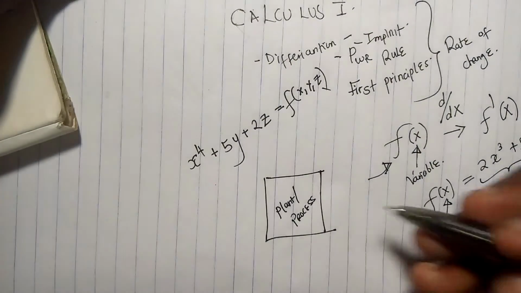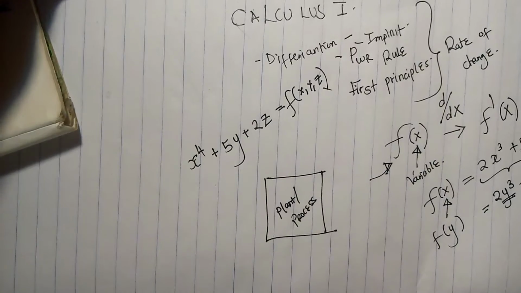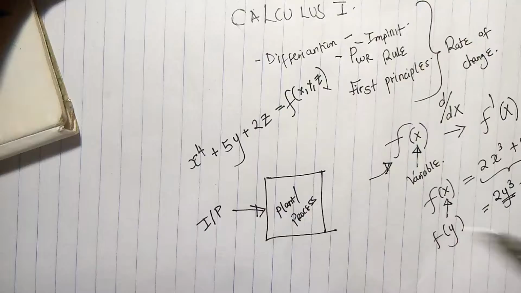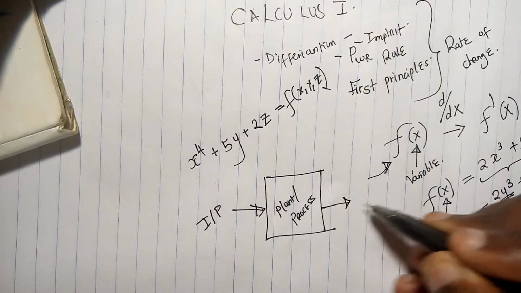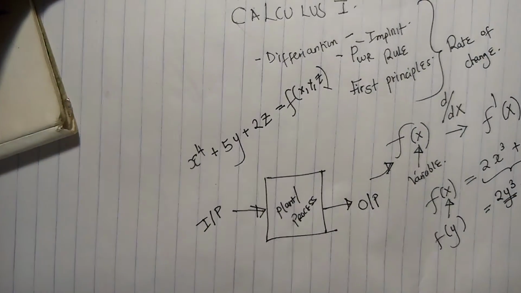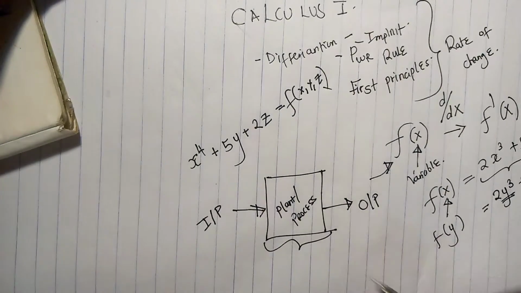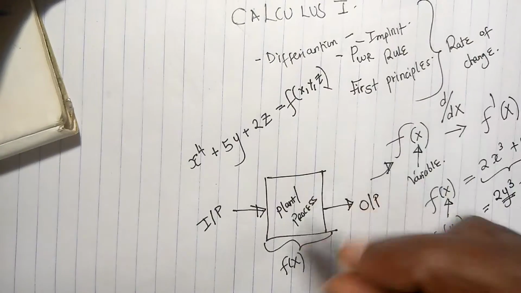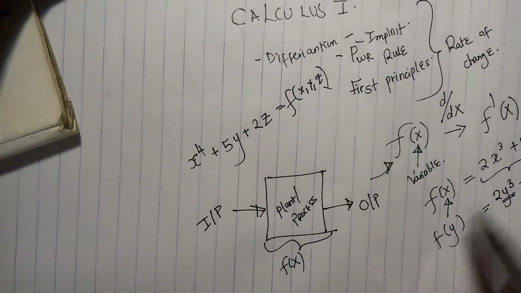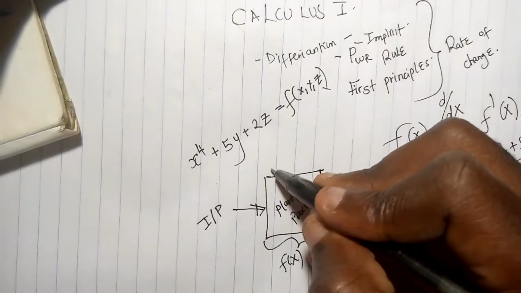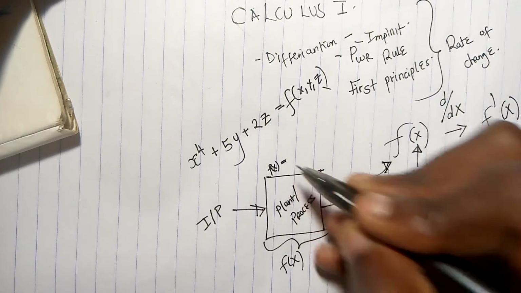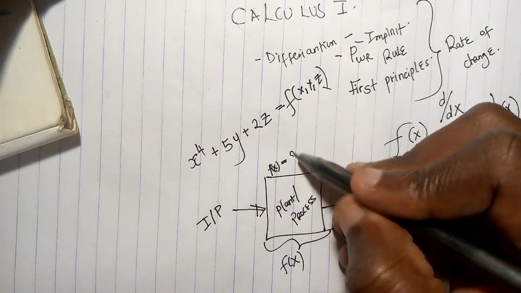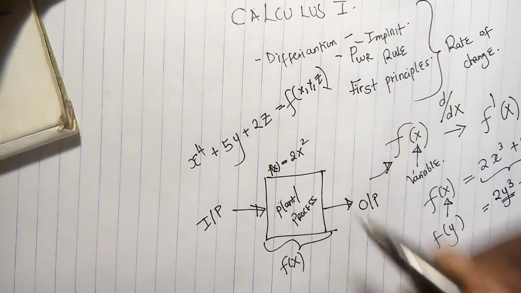This plant or process usually has an input, and you get a desired output after you've given it an input. So this plant or process is what we can say is a function. For example, if the function is given as f of x is equal to 2x squared.